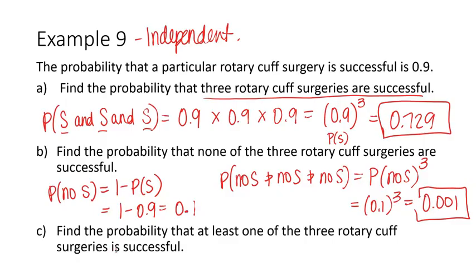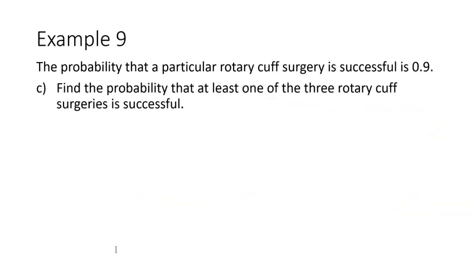Now, the last one, I'm going to put it on its own slide. Find the probability that at least one of the surgeries is successful. That at least one conversation is very unique.